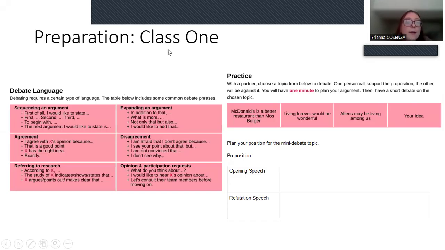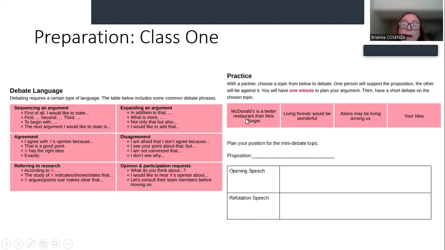Okay, so during the first class, again, we go over the terms, we go over the language, and I show them an example video of how to make a refutation. How we practice this in class is from the textbook that I'm co-writing.